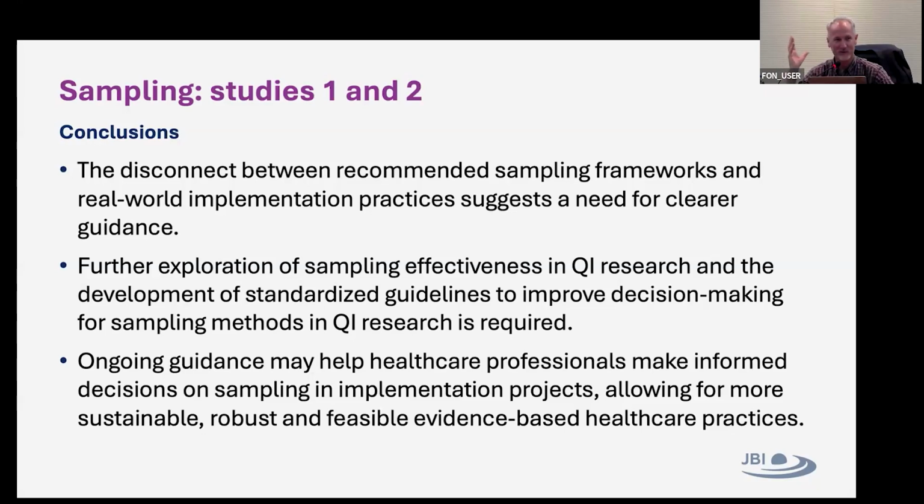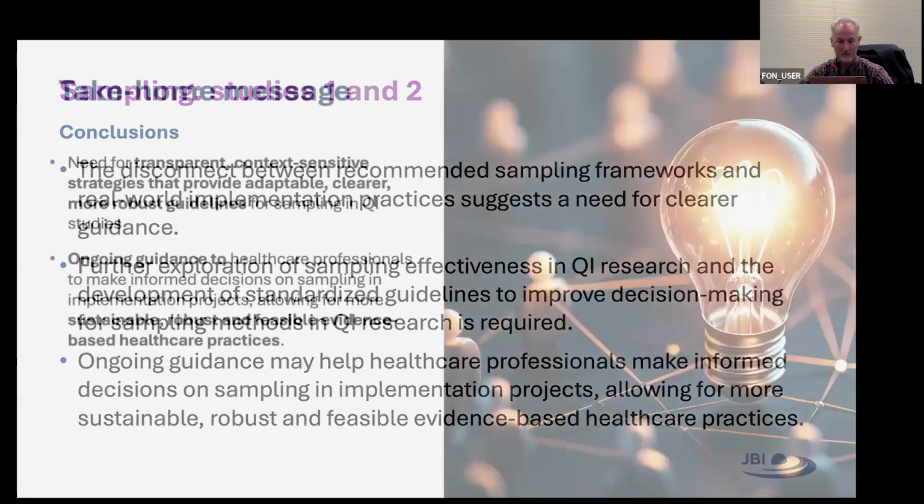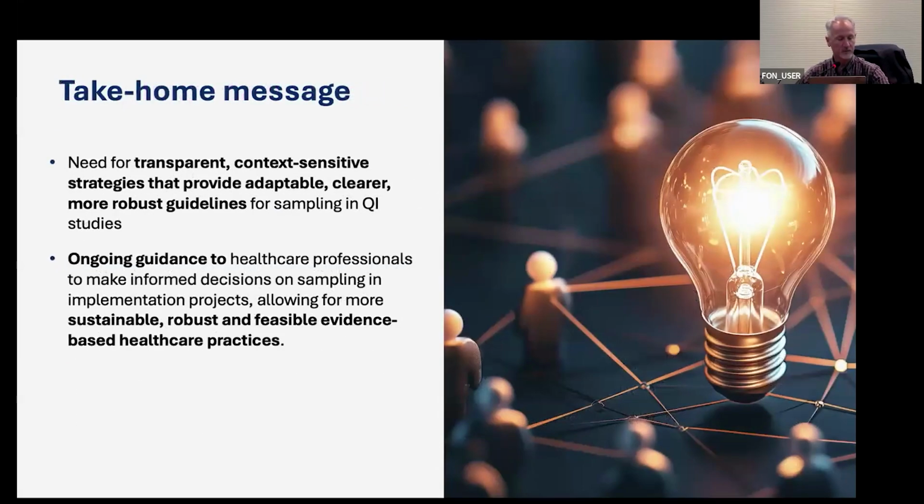And then somebody could do this work to give real meaning to the data. So we're going to continue to explore sampling and sampling effectiveness in QI to try and improve decision-making and lead to better reporting standards so that authors can publish better quality work. That's the real goal.